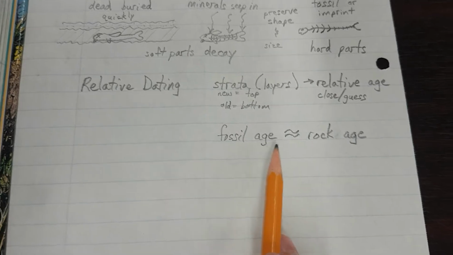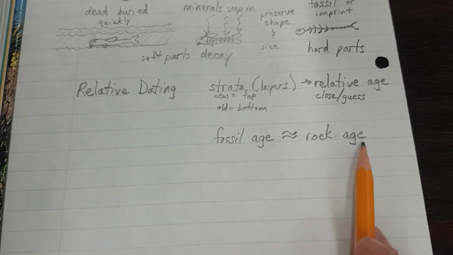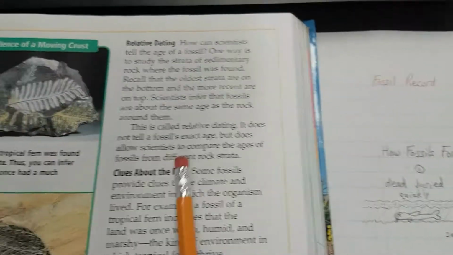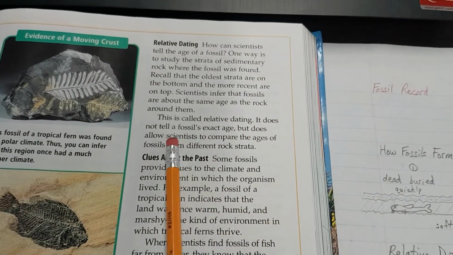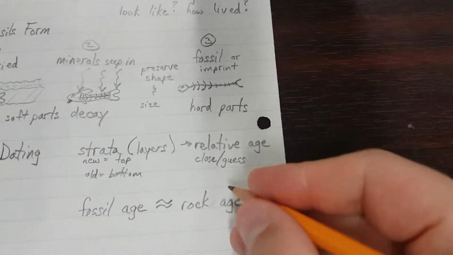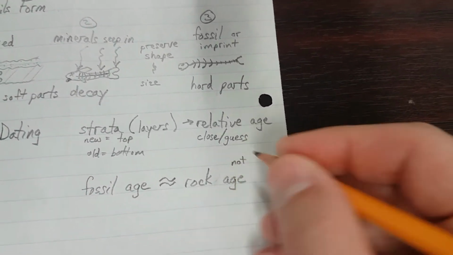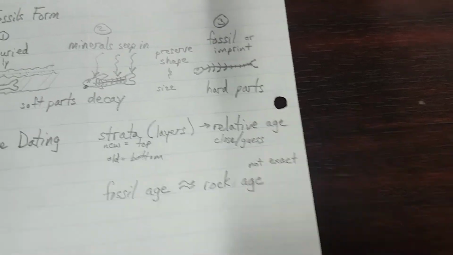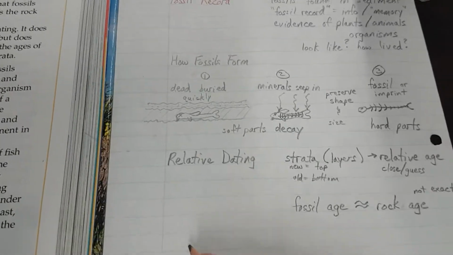So what that means is the fossil's age is about the same as the rock around it. Okay, that's called relative dating. It's not exact. Let's put that up here. Not, N-O-T, exact, E-X-A-C-T.